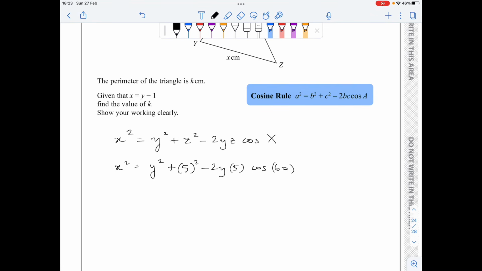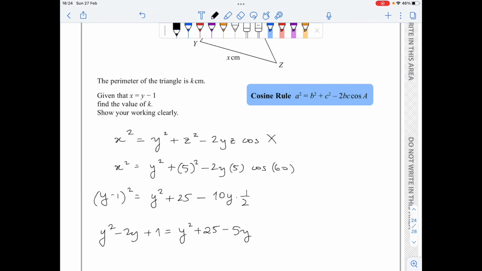Now I'm going to replace x with y minus 1. So (y minus 1) squared equals y squared plus 25 minus 10y times cos 60, which comes out to be a half. So I have now y squared minus 2y plus 1 equals y squared plus 25 minus 5y.